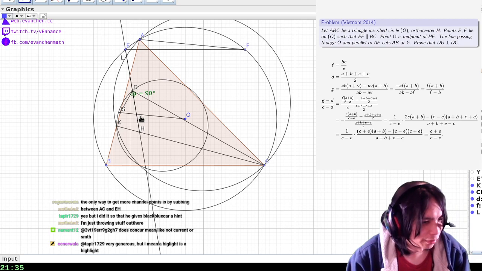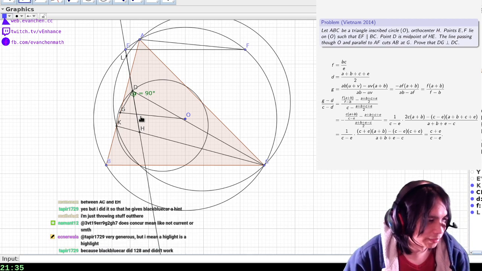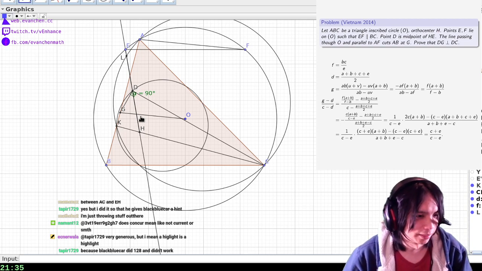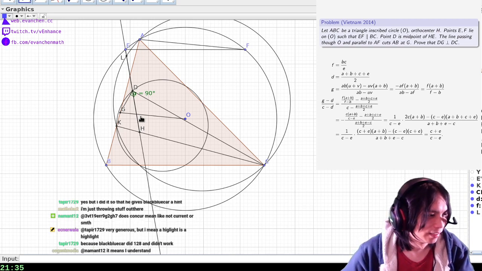No, but Taper, the Twitch interface literally does not let me give you channel points back for highlighted messages. I can't do it even if I wanted to.